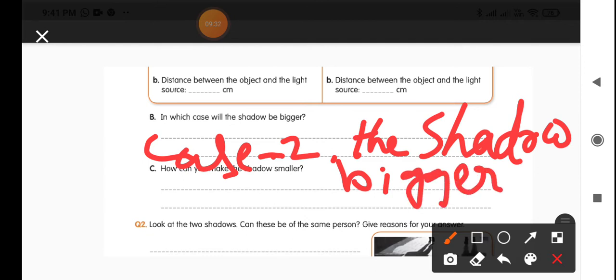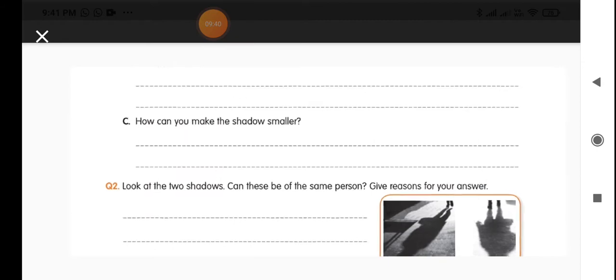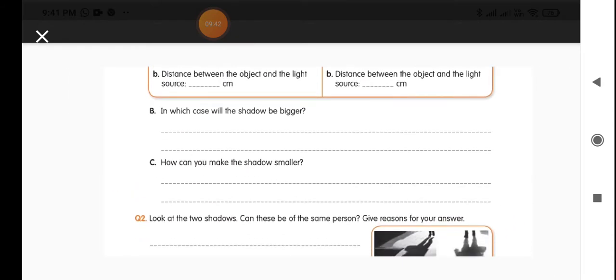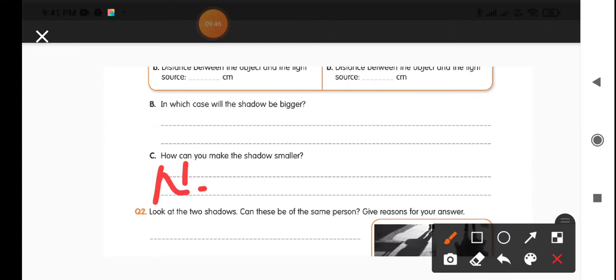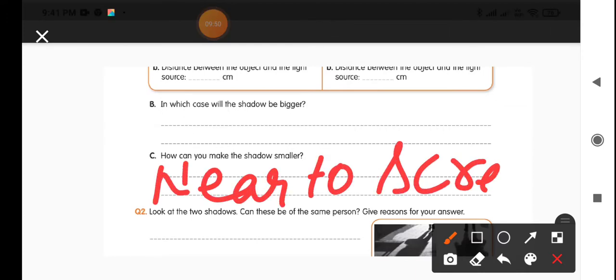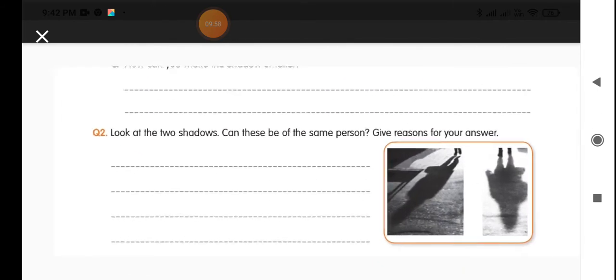Because it is near to the light source and also away from the screen. How can you make the shadow smaller? When we bring the object near to the screen, a small shadow is formed. Yes?